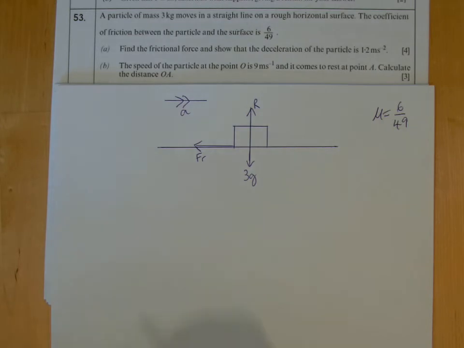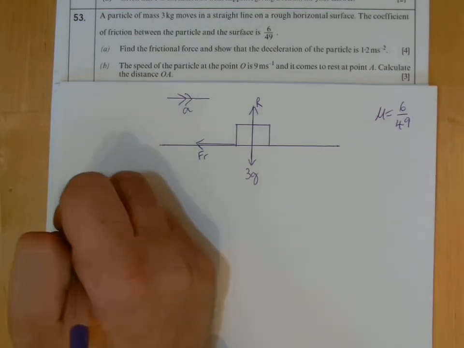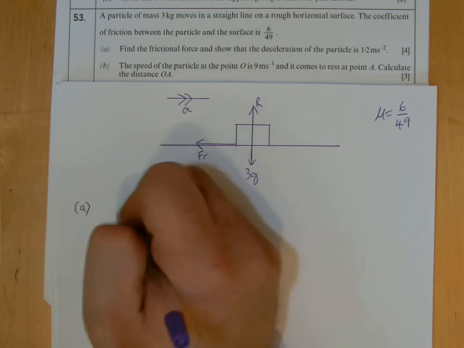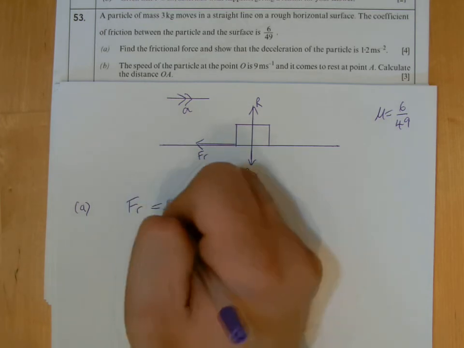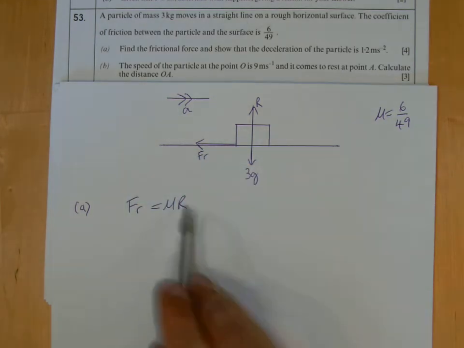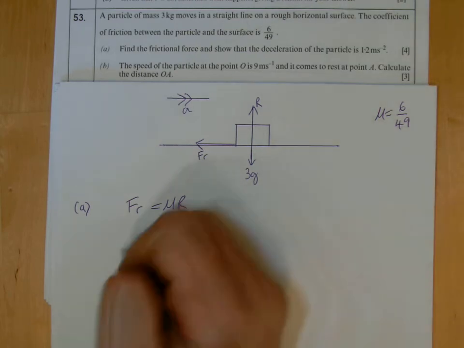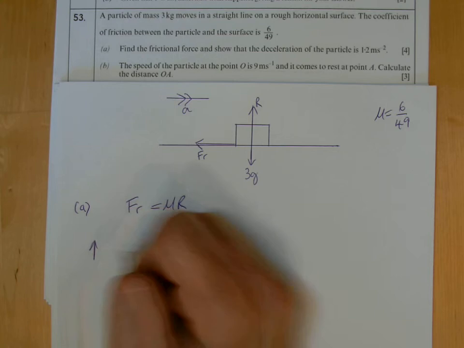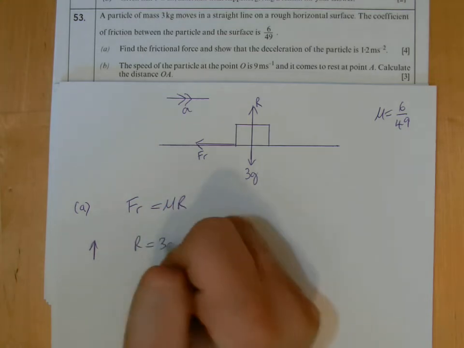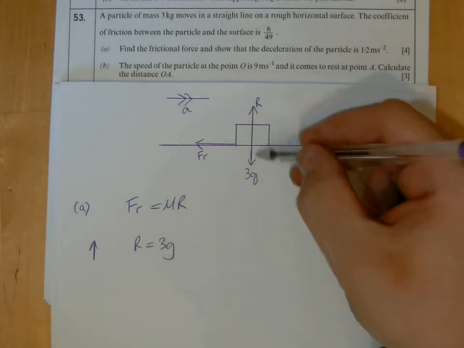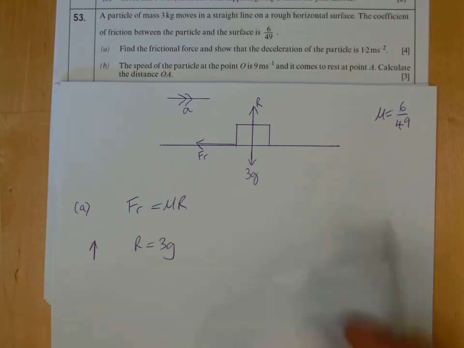So first of all, to get the frictional force, we write it as mu R, because it's in motion. Remember R is the normal reaction, and when we resolve vertically, R is just going to equal 3g. Forces up equal forces down because there's no movement vertically.